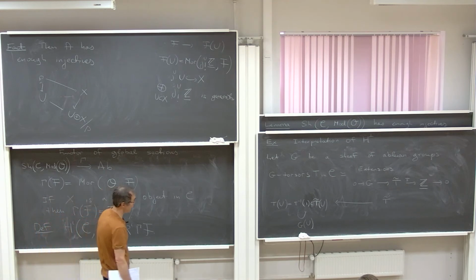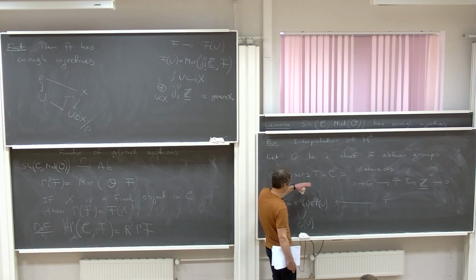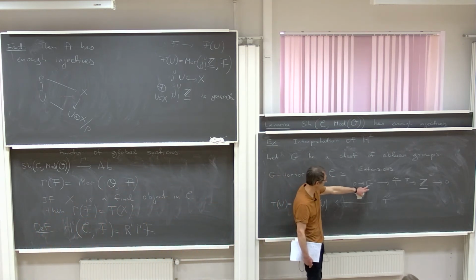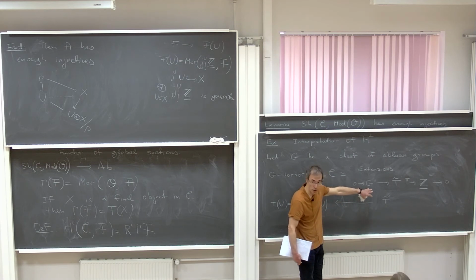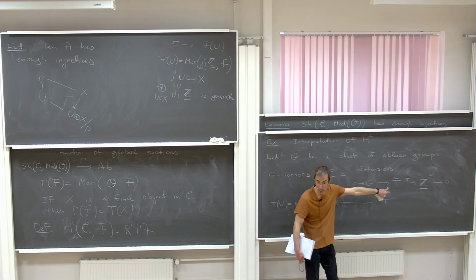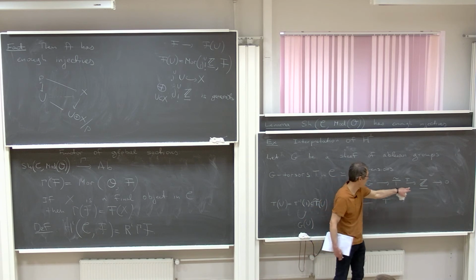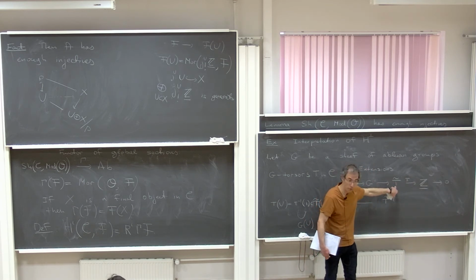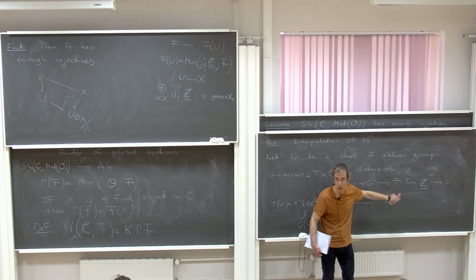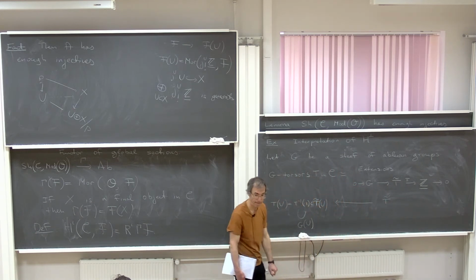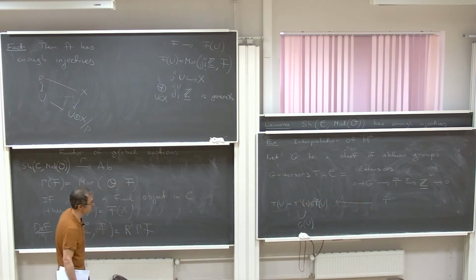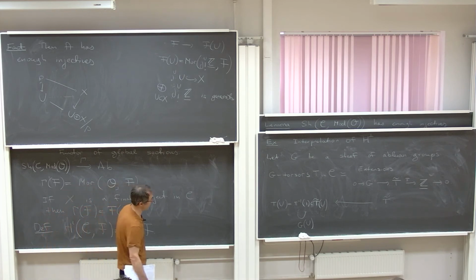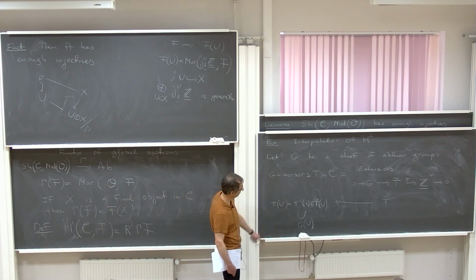So the underlying idea here is that if you have an abelian group, then the category of torsors of an abelian group is the same as the category of extensions of the group Z by this abelian group, in the category of abelian groups. So how do you check that this is an equivalence of categories?